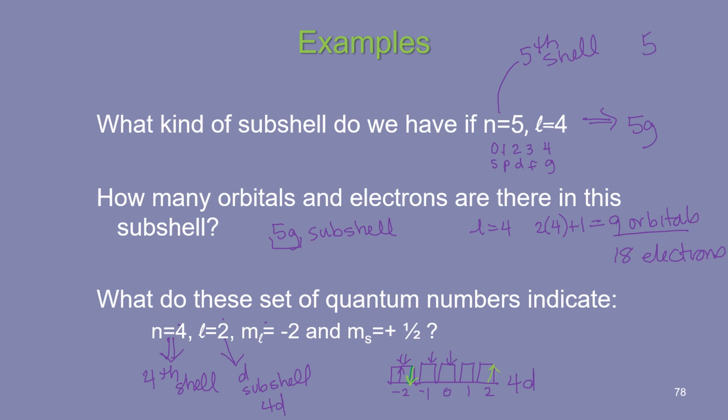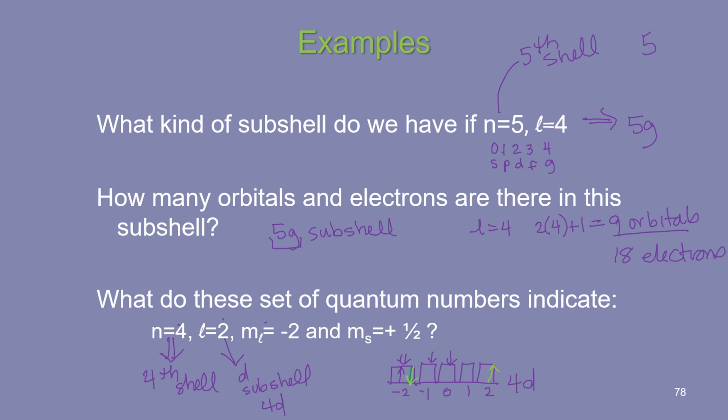City 2 has 2 streets, s and p. City 3 has 3 streets, s, p, and d. Then there are more rules. No matter what city I'm in, s Street only has 1 house. p Street always has 3 houses. d Street always has 5 houses, and so forth.